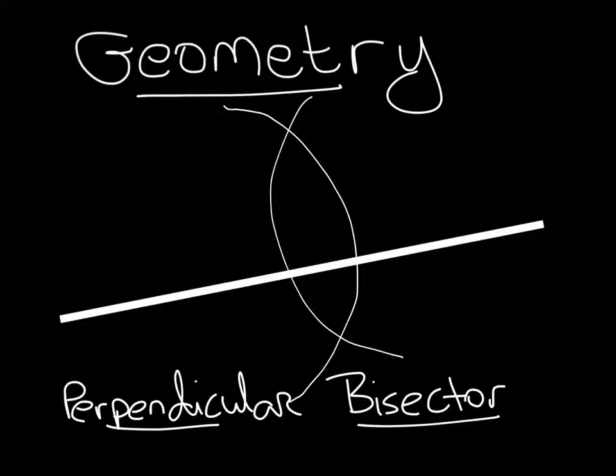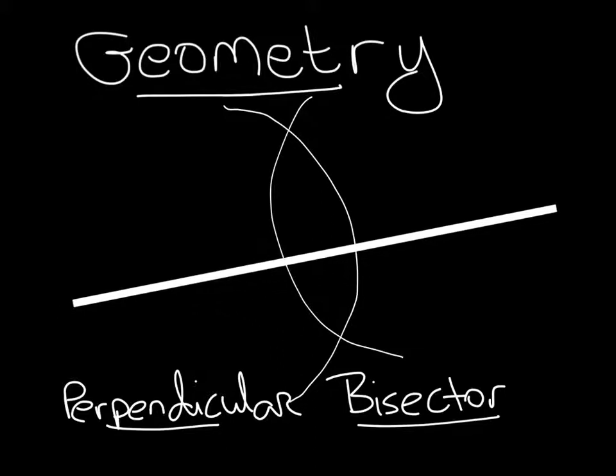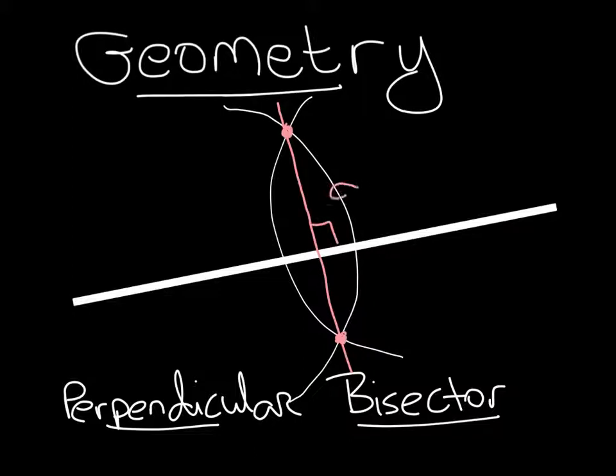So pretty much what you'll be left with is these two arcs that cut at two bisecting points, and I'll draw those two points in. One is going to be here, and the other is going to be here. When you draw a line in between connecting those two points, you will find that it bisects your original line, but at a 90-degree angle. So that's how you bisect a line with a perpendicular bisector.